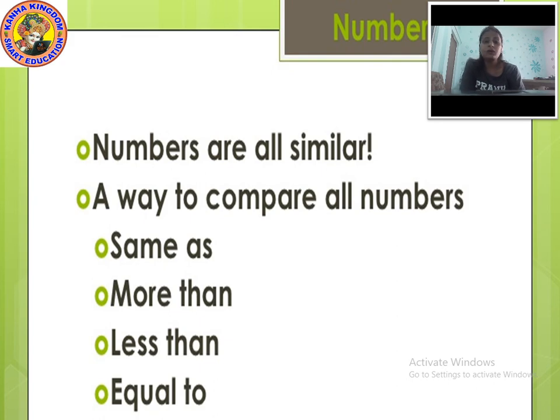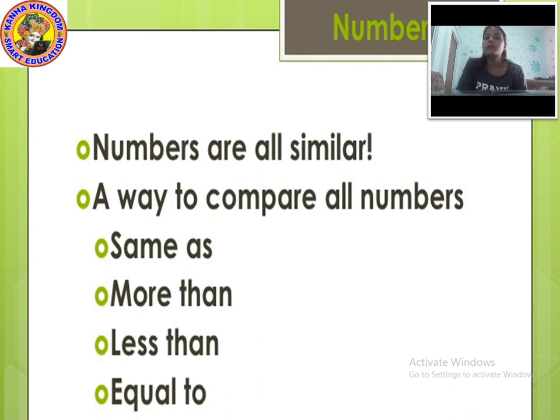All the numbers are similar, but there are ways to compare them: same as, more than, less than and equal to. Same as is the same as equal to. If both numbers are the same, if we write the same number 2 times, then we say these numbers are equal to, because both numbers are the same.